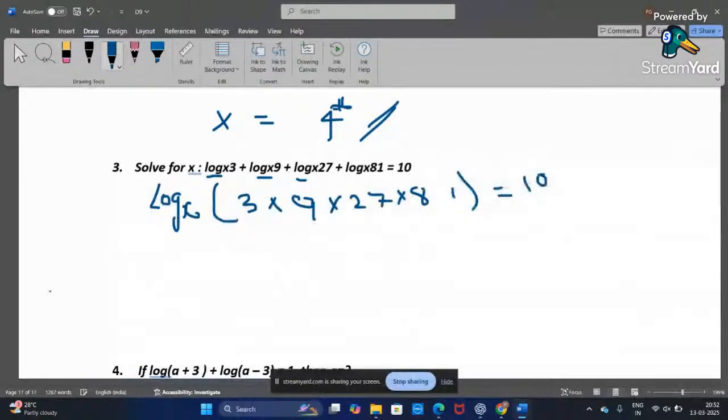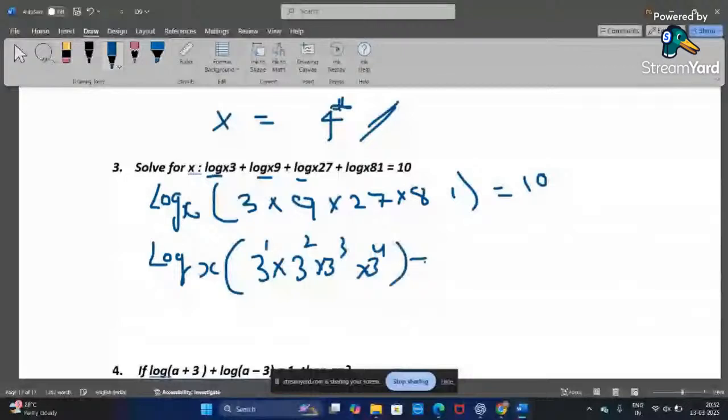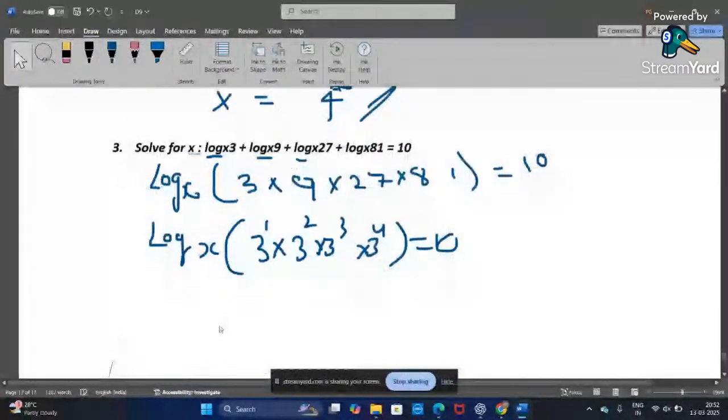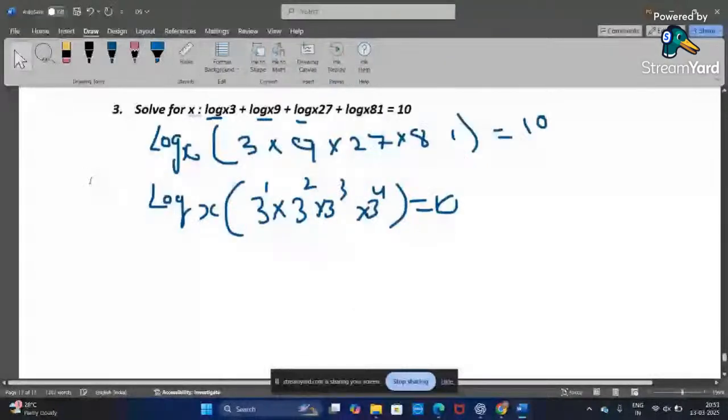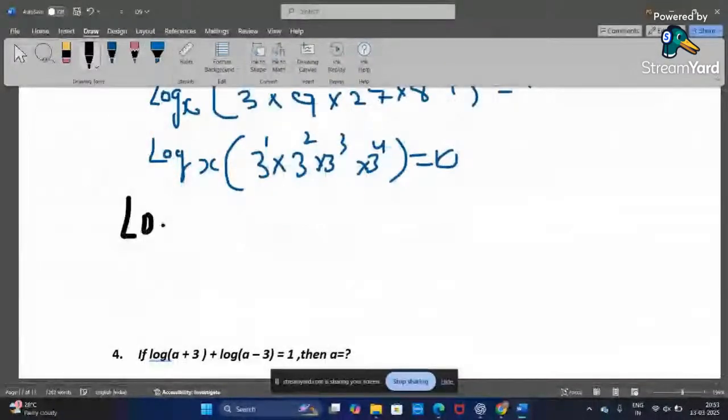Right? Then again write log x, 3 to the power 1, 3 to the power 2, 3 to the power 3, 3 to the power 4 equals 10. Right? So what is the next step? Write log again. Log x, 3 to the power.